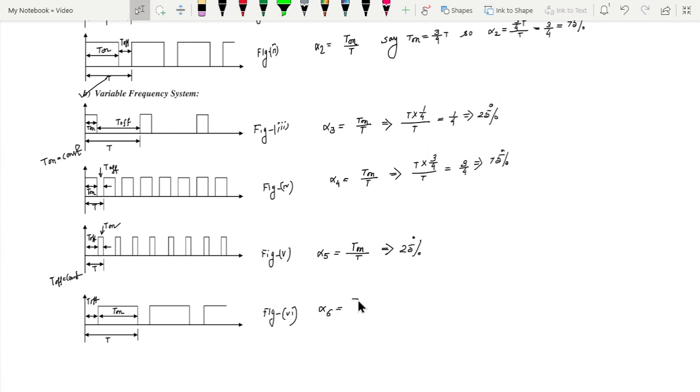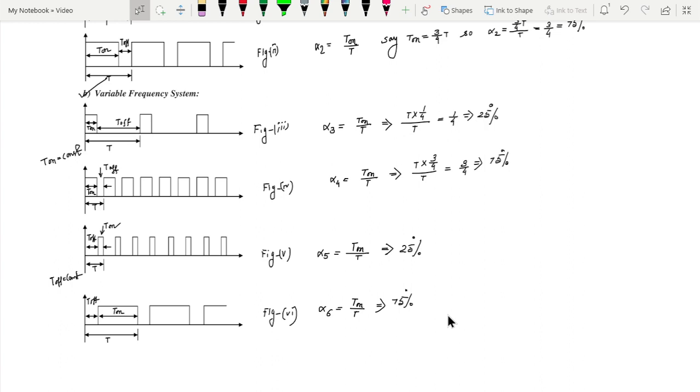Here the formula is T on by T, and here you see in the picture for the total time period maximum portion is on, that will be 3 by 4 time of T, so you will get the 75% at the output. So in this way we'll get the output with respect to supply voltages.